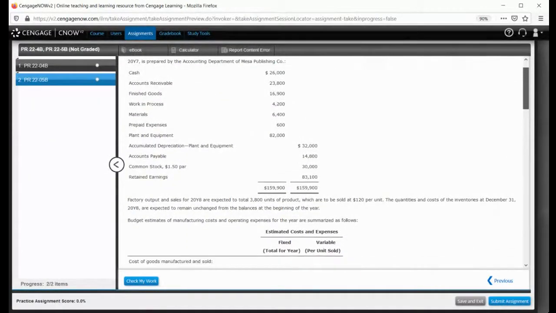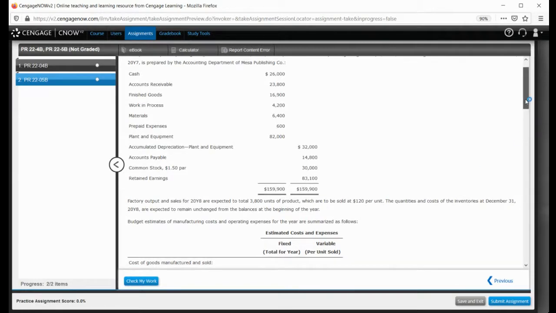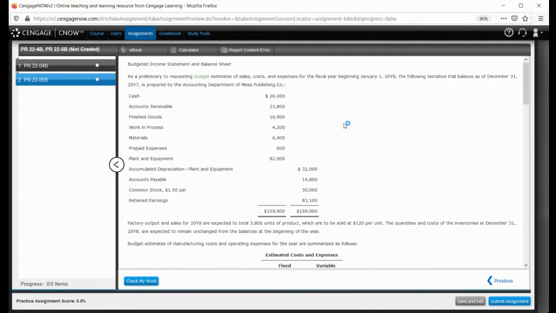So they've given you the amount of units that you are to be selling, and they've given you a selling price. So if you look at your information that they've given you for this problem, if you'll go back down to the middle of the problem where it tells you that the factory output and the sales for 20Y8 are expected to total 3,800 units, which are to be sold at $120 apiece.